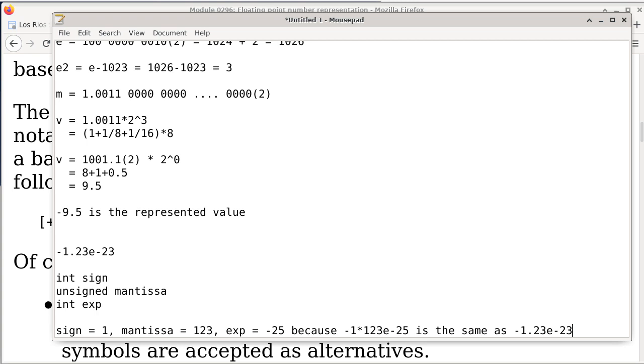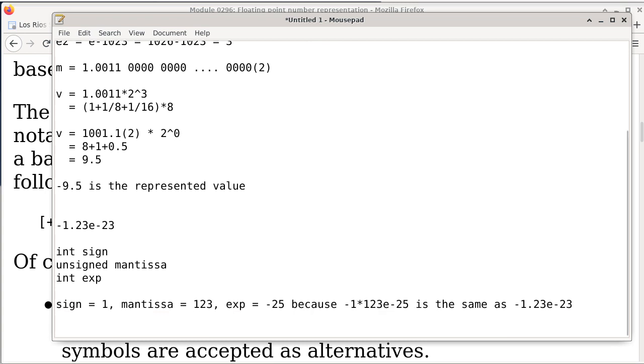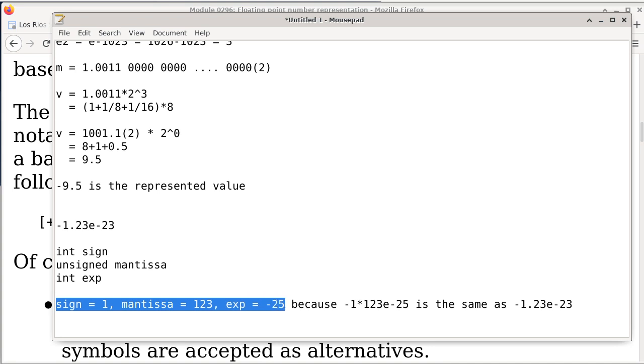The hard part is, once I have this, once I have the mantissa, I have the power of 10, and the sign is actually not really important, how do I convert this into base 2? In other words, how do I start from this representation and convert it into a base 2 double precision floating point number representation, but without using any double functions, without using any double types in the process?